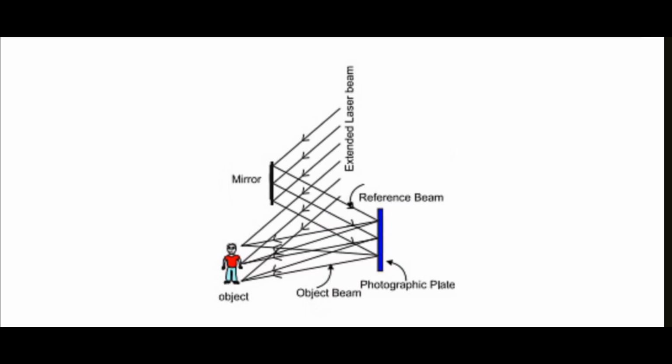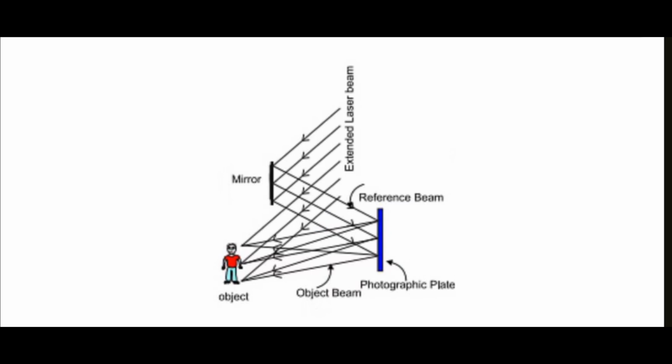The expanded laser beam is then directed in such a way that a part of it is incident on the object and another part of it is incident on the mirror. Photographic film is so placed that it receives the reflected light from both the mirror and the object.